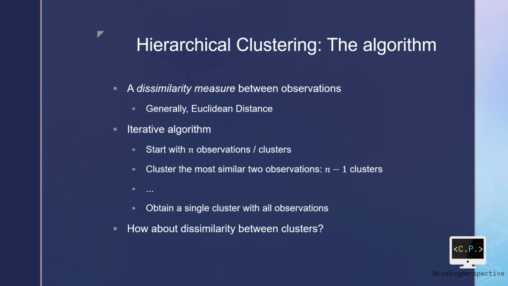The two clusters that are most similar to each other are then fused so that there are now n-1 clusters. Next, the two clusters that are most similar to each other are fused again, so that there are now n-2 clusters. The algorithm proceeds in this fashion until all observations belong to one single cluster, and the dendrogram is complete.